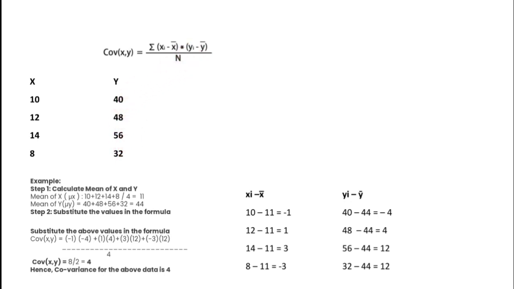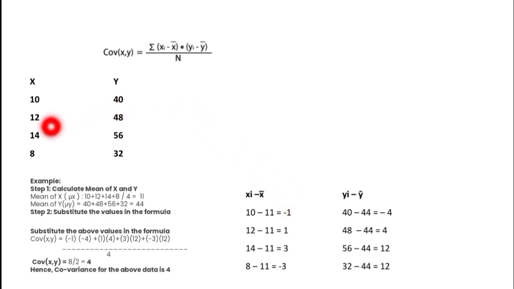Now substitute the values in the formula. Before that I have to find out xi minus x bar. What is the first value of x here? 10. 10 minus 11. x bar means the mean value. What is the mean value here? 11. So if I subtract the mean value from the x value, 10 minus 11 is minus 1.